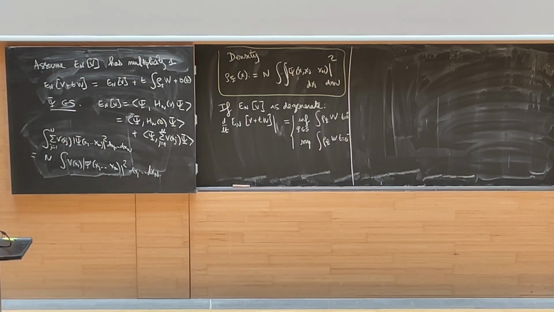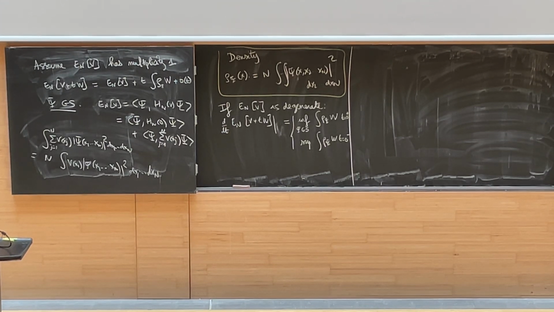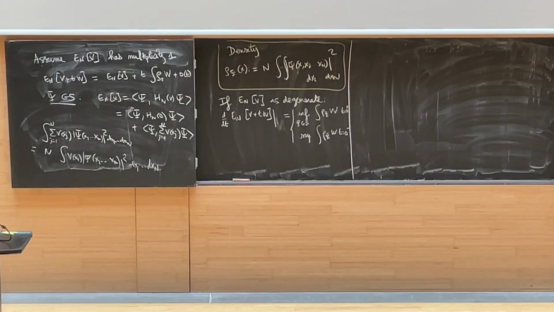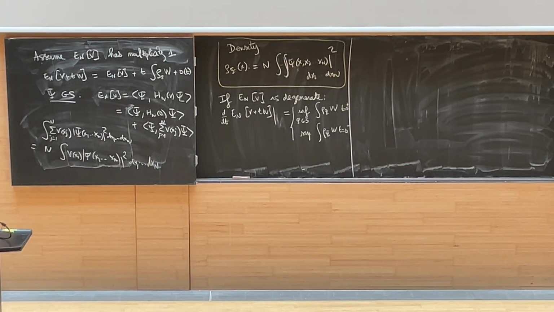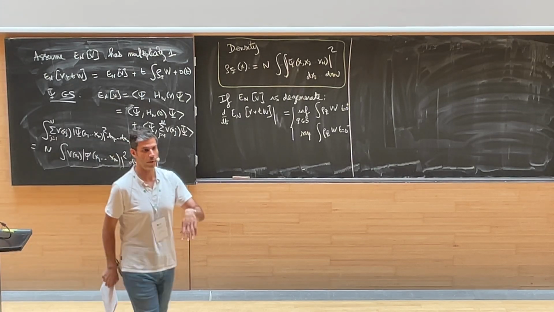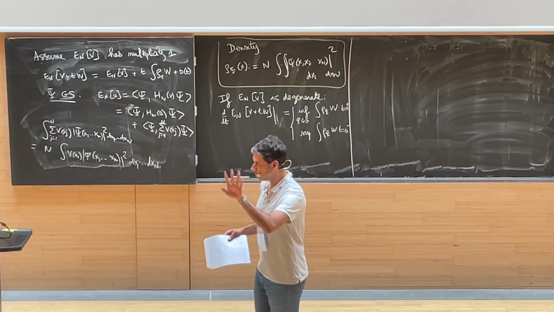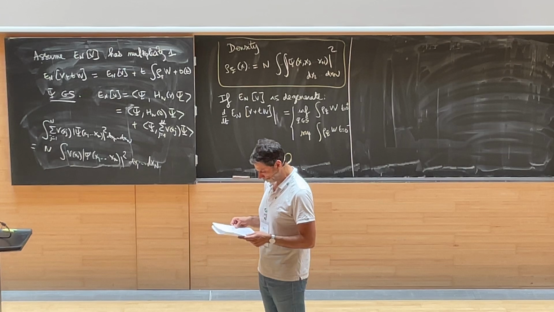But chemists, I mean, they don't care so much. I mean, they know, right? But when this guy is degenerate, I have several densities. Then it's not so clear whether I ask that they have one in common, or they have all in common. I don't know. But let's not worry. Let's assume it's non-degenerate, if you like.